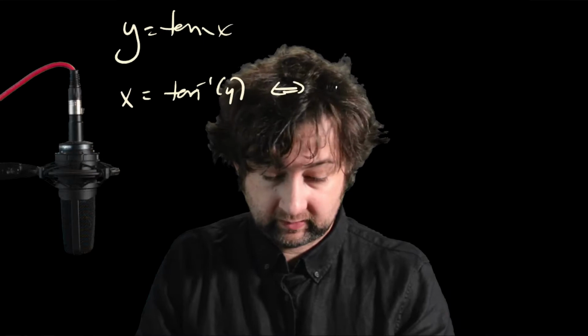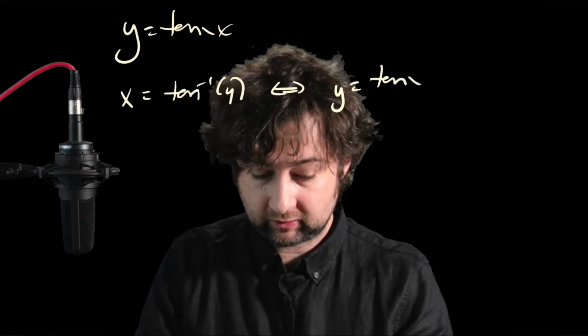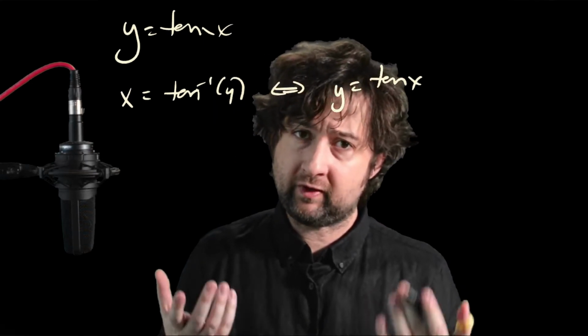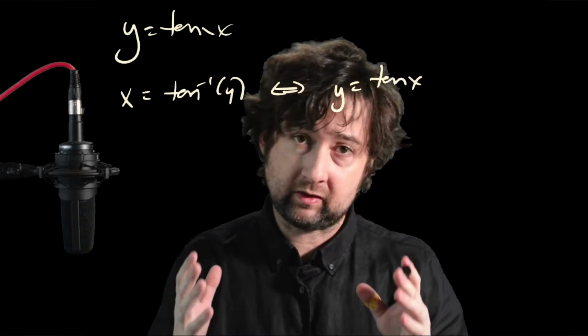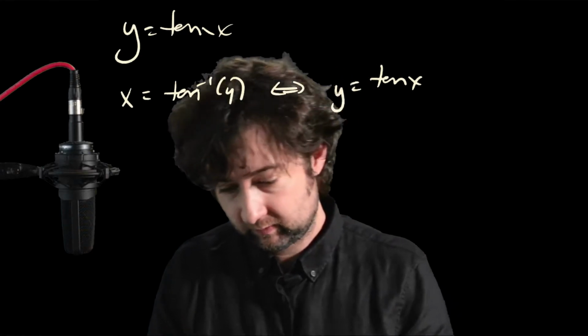So how about y is equal to the tangent of x? Then we can define the arctangent by writing down x is equal to the arctangent of y whenever y is equal to the tangent of x. And just like before, we've got to figure out what the domain and the range of this relationship is, because tangent has a similar periodic structure.